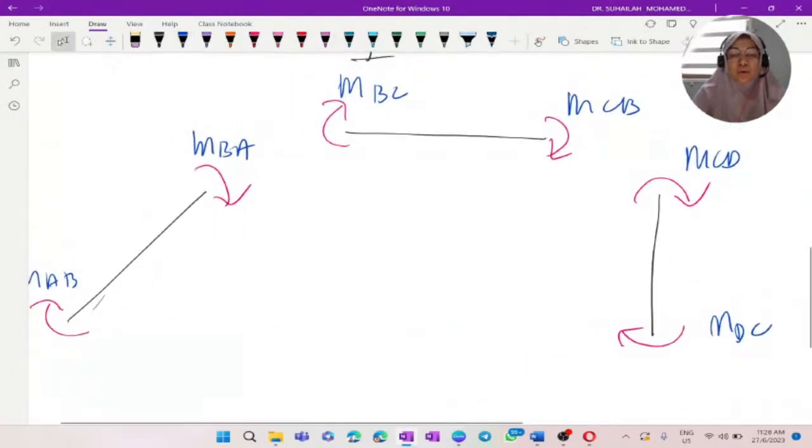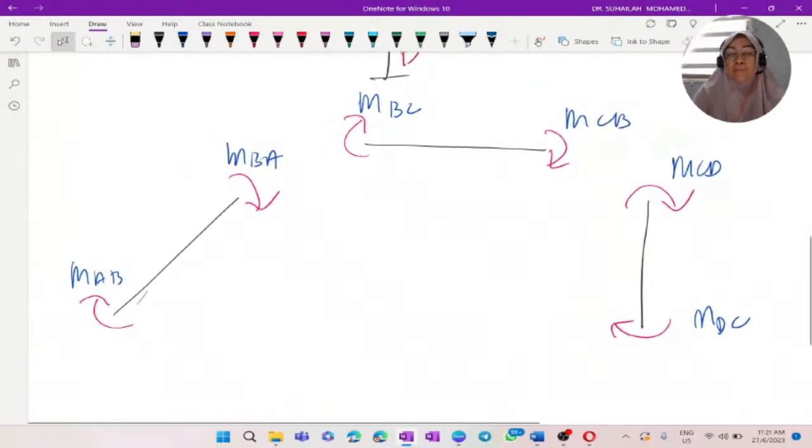In total, we have six member end moments: MAB and MBA for member AB, MBC and MCB for member BC, and MCD and MDC for member CD. These are all the outputs that we are going to determine using the moment distribution method.